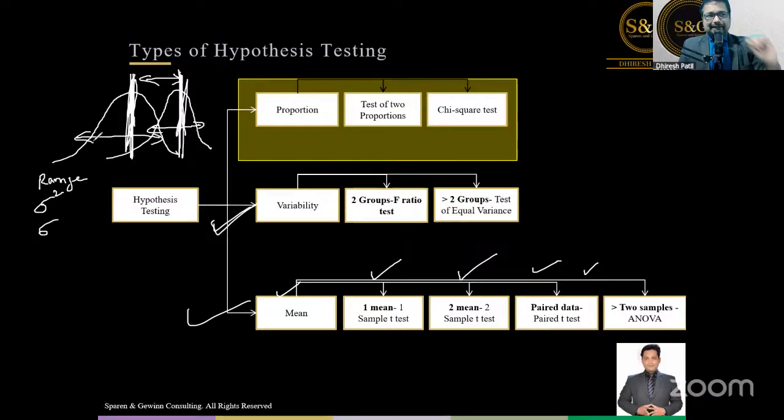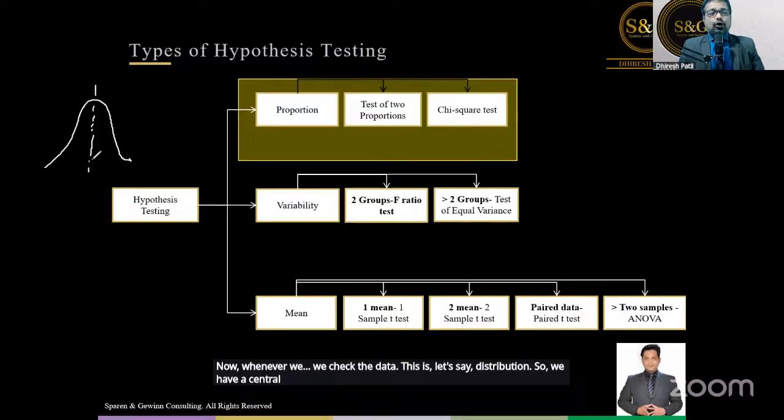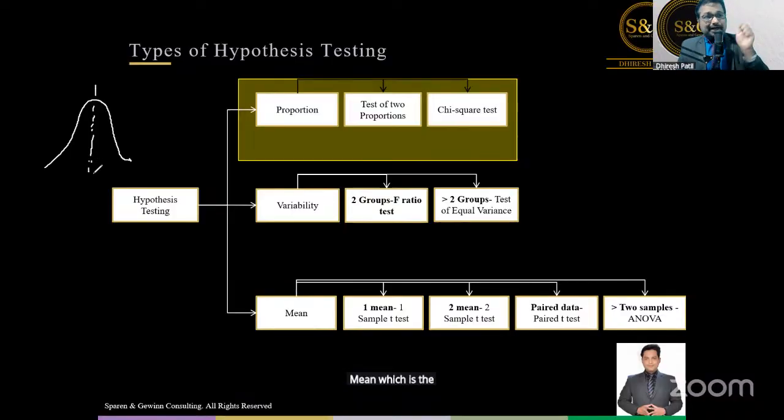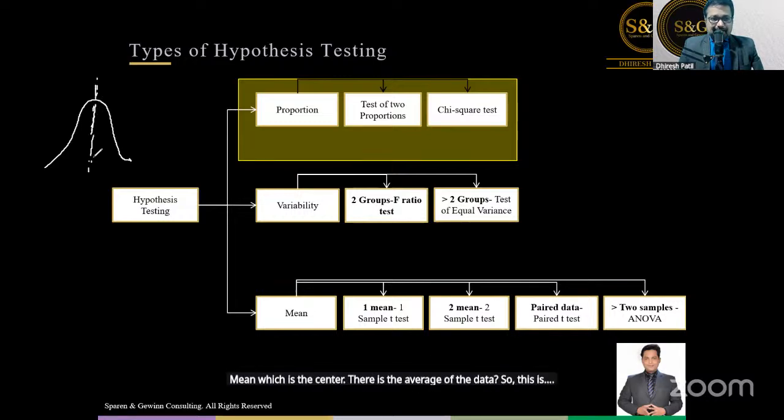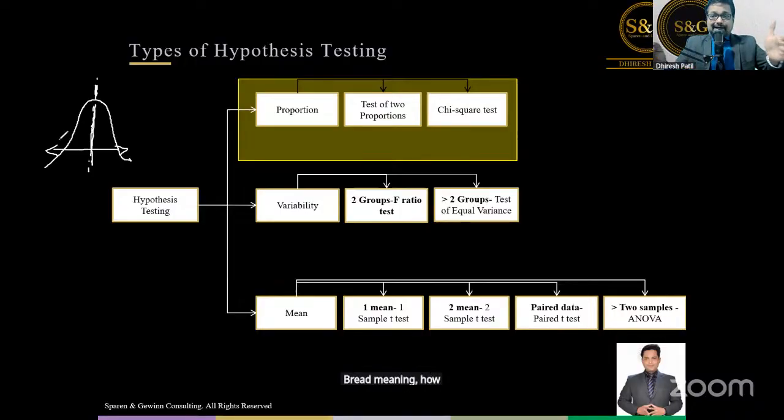So I repeat again, just have a look at it. Whenever we check the data, let's say this is the distribution. We have a central tendency, which is the mean of the data, where the average of the data is. This line denotes the average. Along with the average there is also the spread of the data, meaning how far the data is distributed.